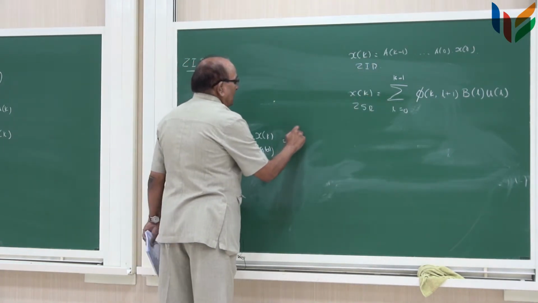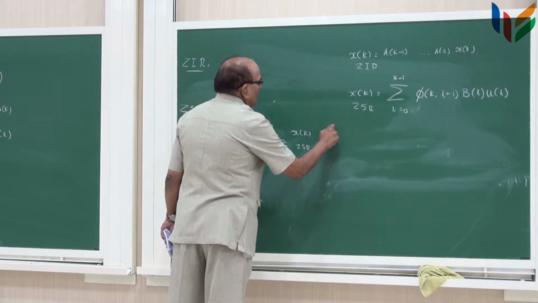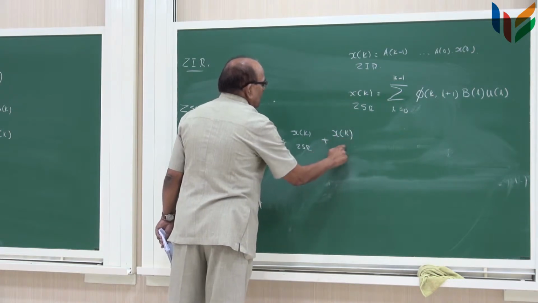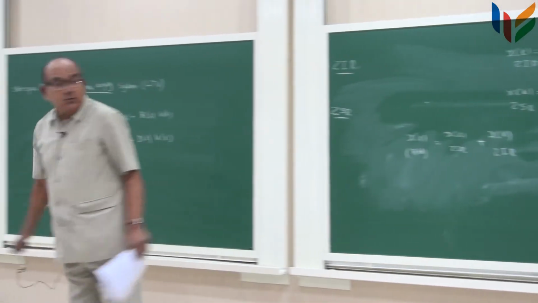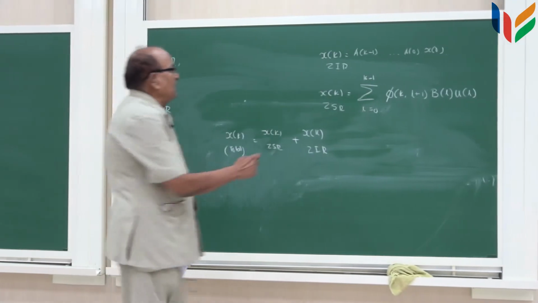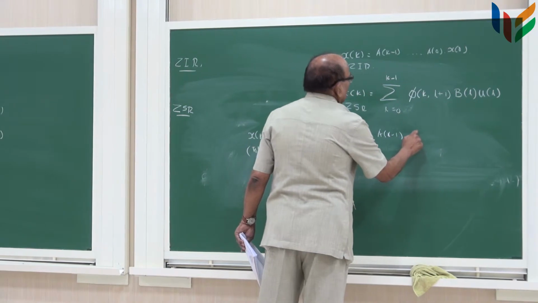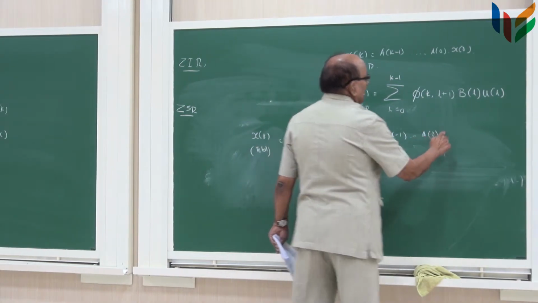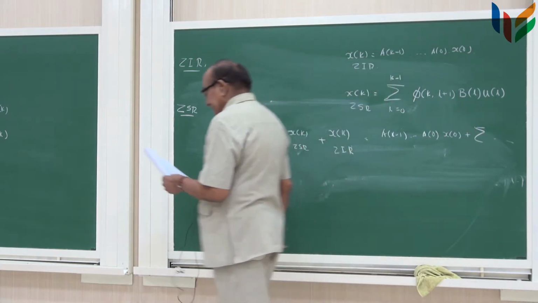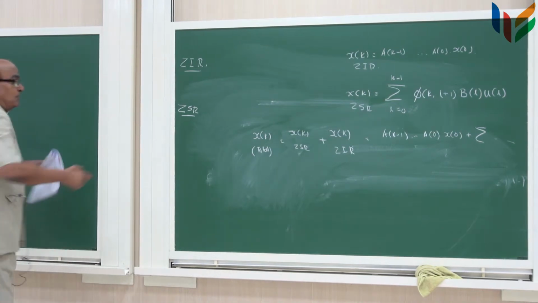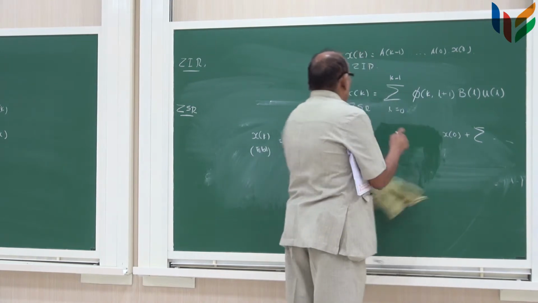Total response must be equal to ZSR plus ZIR, which comes out to be this plus this, whatever that is. If you want to simplify this, you can also write this as equal to phi k0.